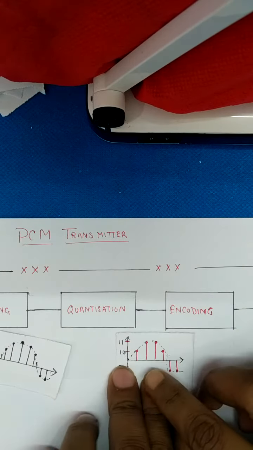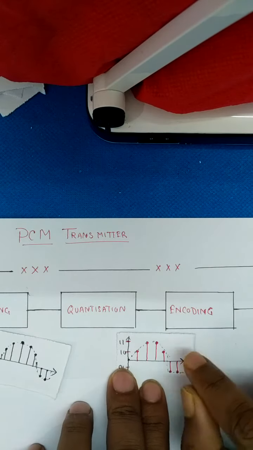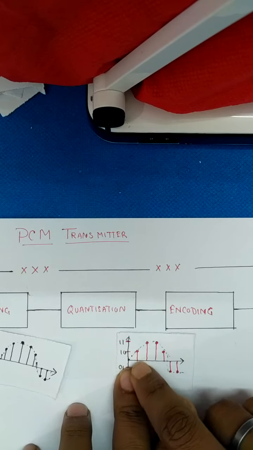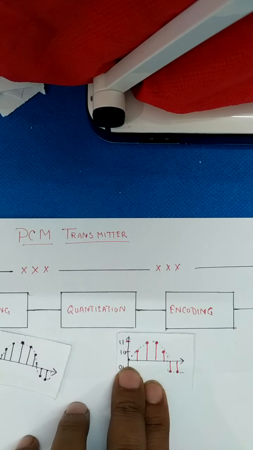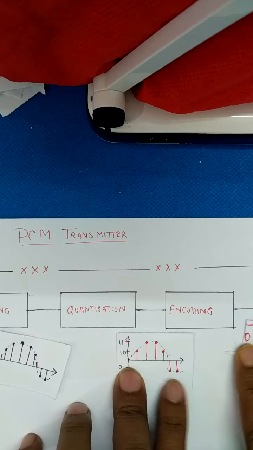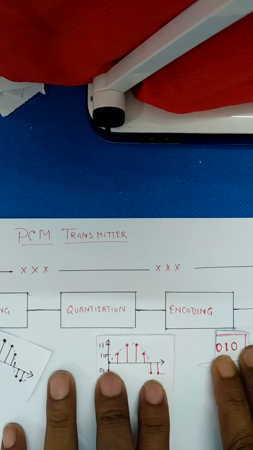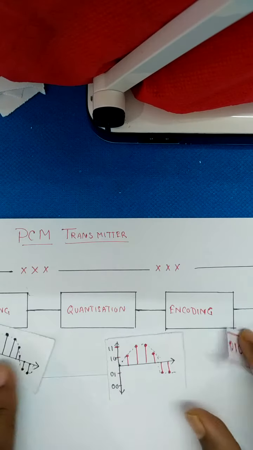Now let's take the first sample and we will try to encode it. What does it represent? What bit represents this level? 1 0. So we will have a 1 0 transmitted for the first sample. This is how things work.